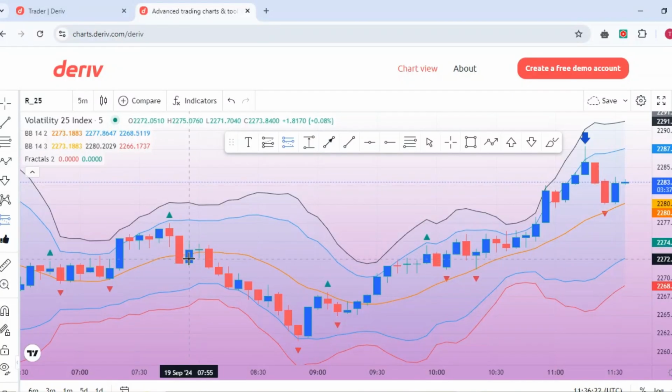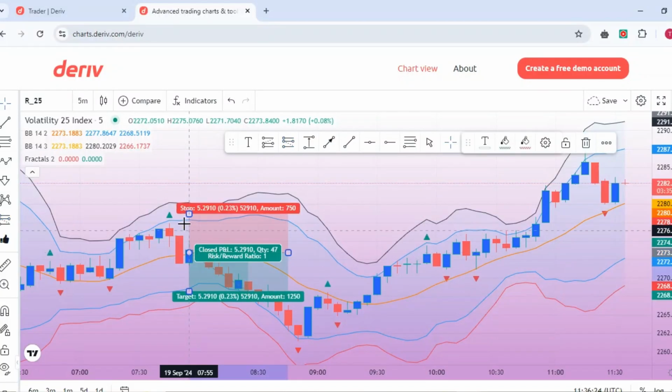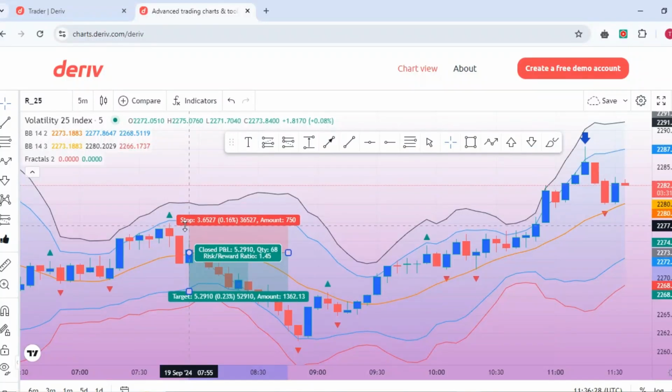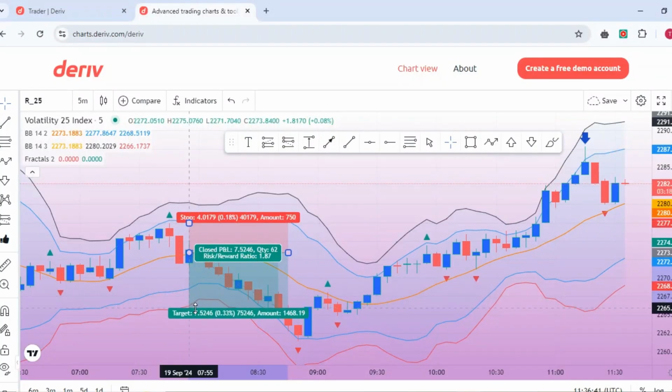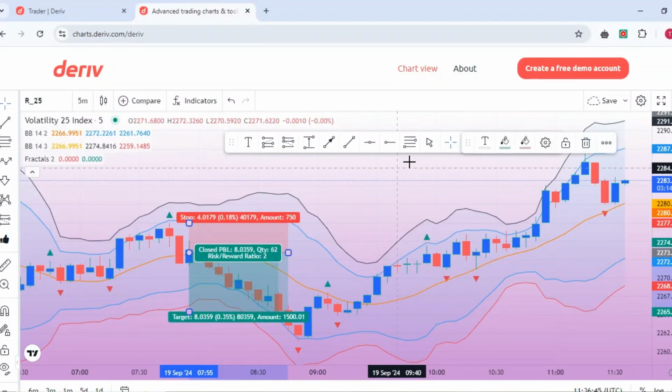And even if you entered here using this candlestick, where do you place your stop loss? You'll place it above the most recent high, which is this one, and then you take, as I told you, a ratio of 1:2, like that.